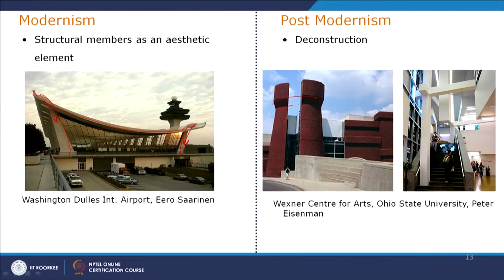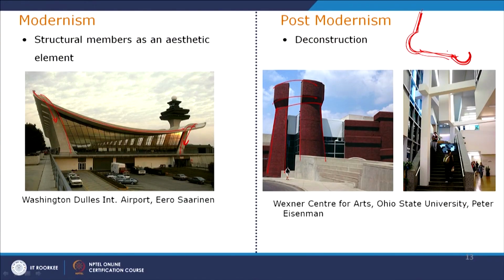So the irony within the design is this: this looks like a fort's bastion, but it is not a fort's bastion, because fort's bastions are the major structural elements which hold the fort, supporting the fort's main wall.